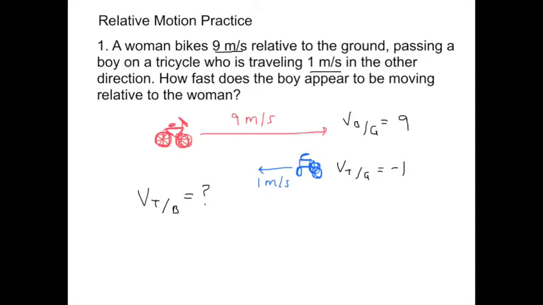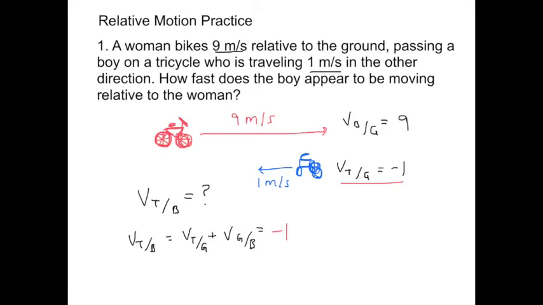We're solving for that. So let's set up the addition problem once again. The velocity of the tricycle relative to the bike will be equal to the velocity of the tricycle relative to the ground plus the velocity of the ground relative to the bicycle. Velocity of tricycle relative to the ground, we already have that. That's going to be negative 1.